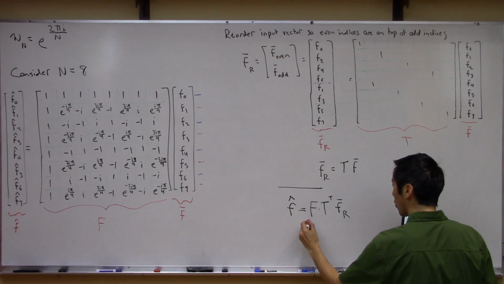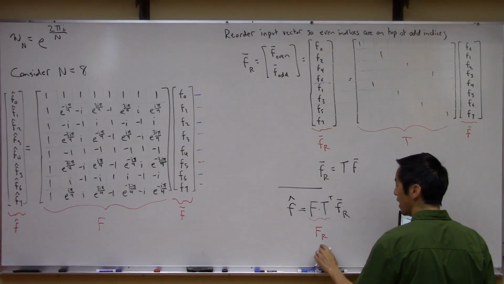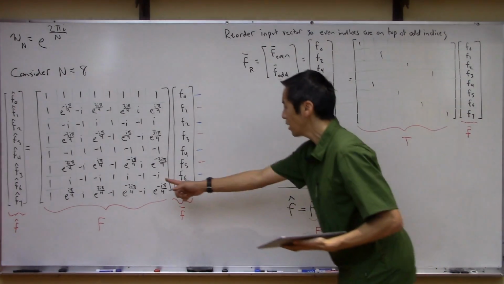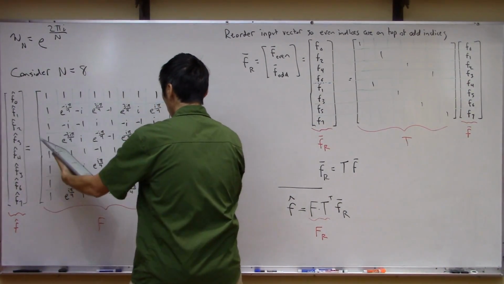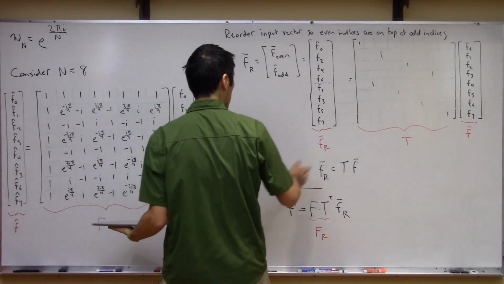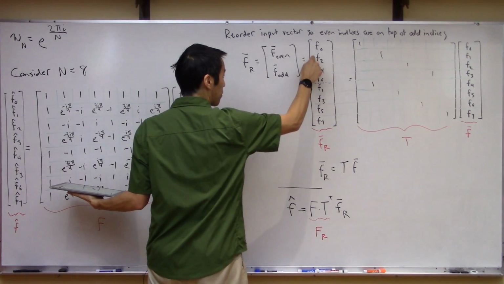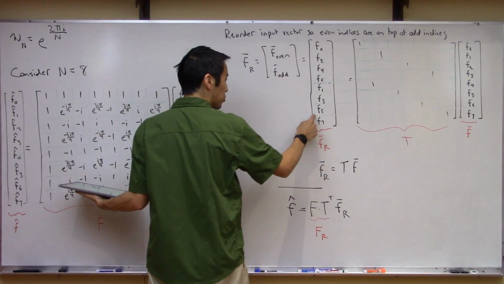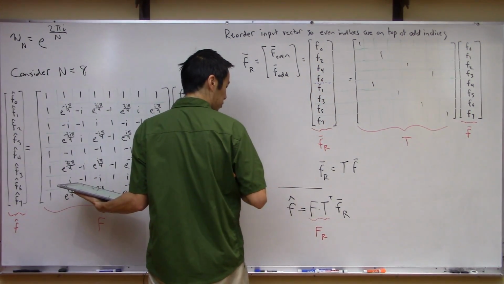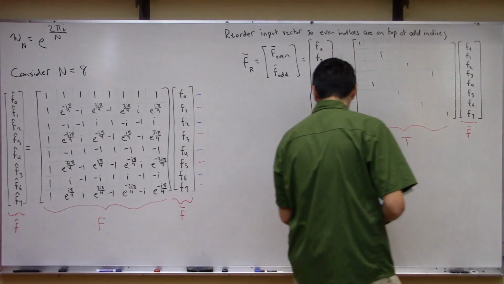So let's call this here maybe F reordered, because all this thing is, it's just this F matrix, but I've shuffled the columns appropriately so that they still hit the appropriate entry of the reordered samples, right? And again, I think you can see that this is correct, right?